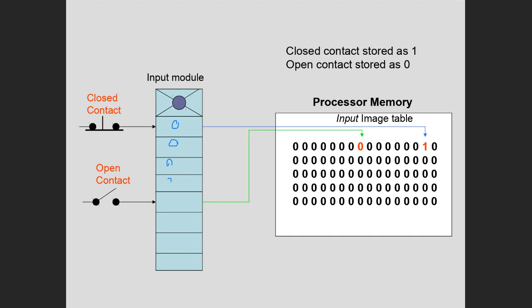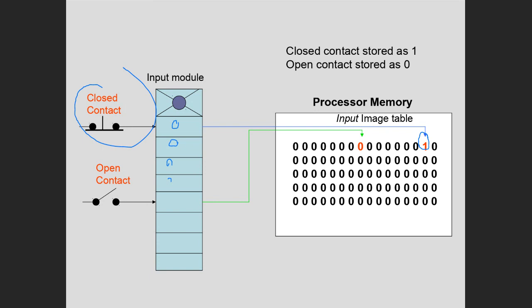There's probably 16 of these slots in the input image table. This closed switch, this blue arrow, is showing that it's mapped to this bit position. Since that switch is closed, in that bit position in the input image table, there's a 1 stored. If this opened up, this would change to a 0.